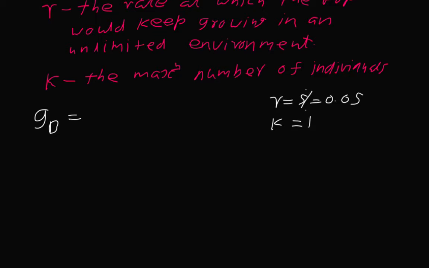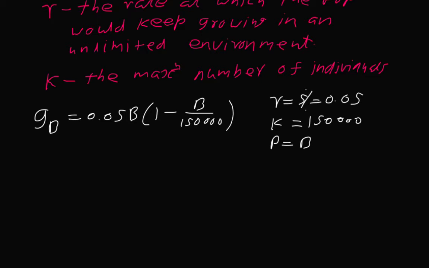Okay, 150,000 is the K. So now you can plug in these numbers. So 0.05, and for P we use B, the blue whale population. Then 1 minus B divided by 150,000.